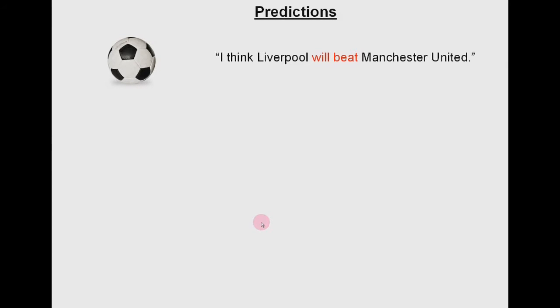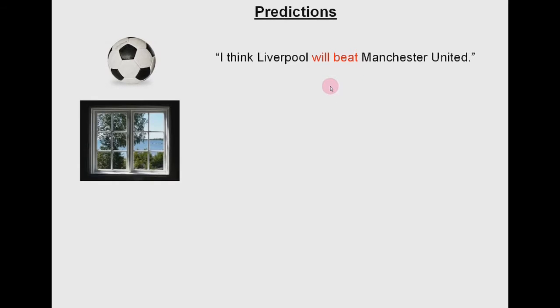Predictions. So a prediction is when we say what we think will happen in the future. For example, I think Liverpool will beat Manchester United. Okay, so we think that something will happen in the future. I think that a new window will cost £500.